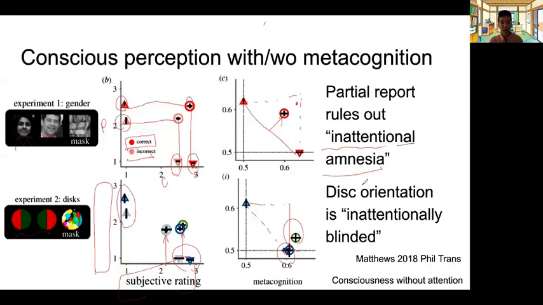So it's really unlikely that people forget about the response, but still, we couldn't rescue the performance in any case. From this, we can conclude that disk orientation is not something that is inattentionally forgotten, but more likely inattentionally blinded.